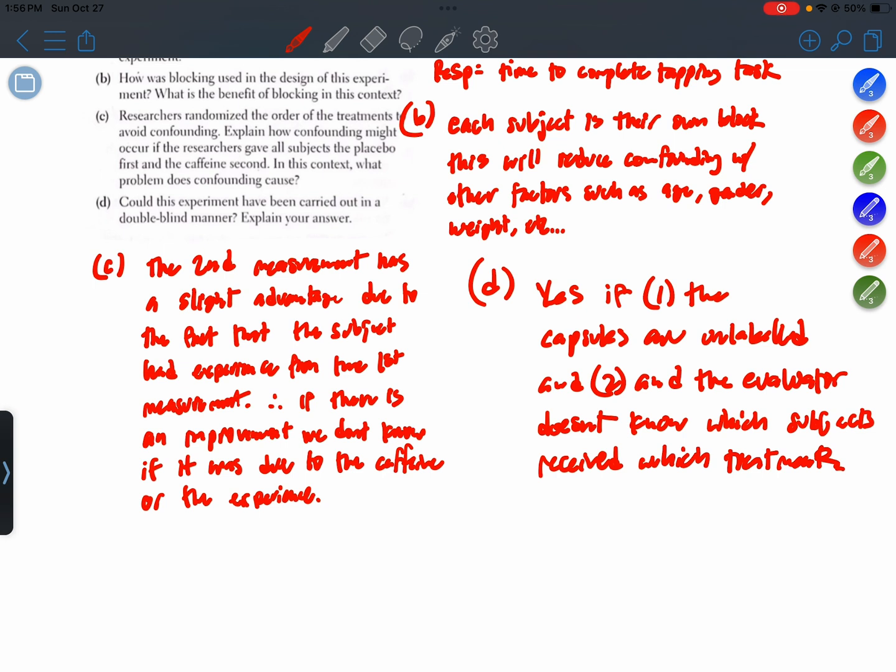So if they're having a stopwatch and timing how fast it's taking these subjects to complete the tapping task, and let's say they know that the subject was on caffeine, we wouldn't want them to perhaps round down the time on the stopwatch because they know they had the caffeine, or vice versa, round the number up because they know that they were on the placebo, right? So we don't want to introduce any bias in the data measurements due to knowledge that the evaluator has.